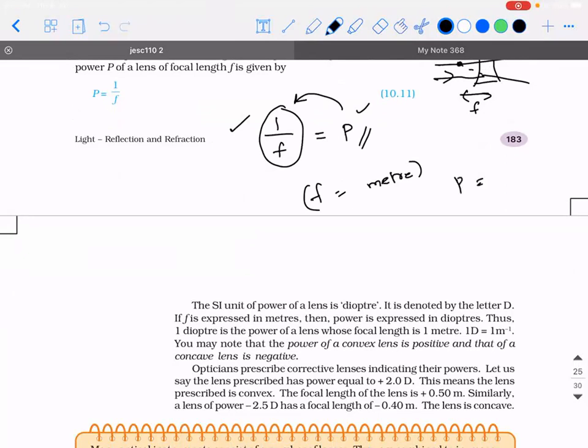So power is equal to 1 by F in meters. So the SI unit of power is the diopter. Okay. This is the SI unit. And diopter is represented by the symbol capital D.